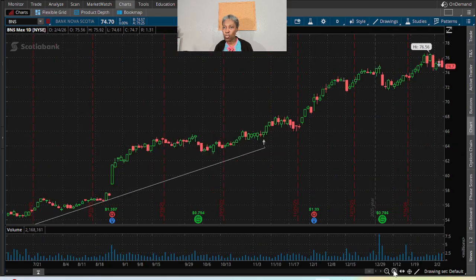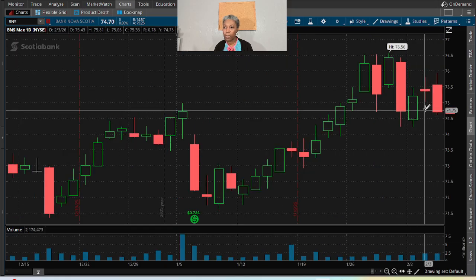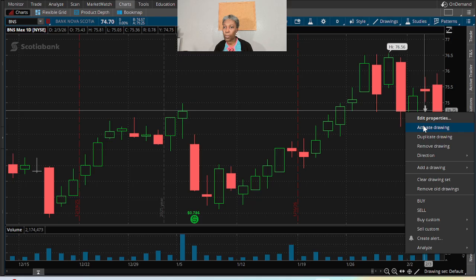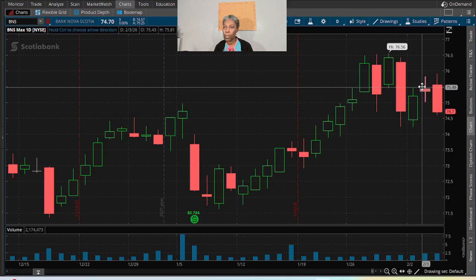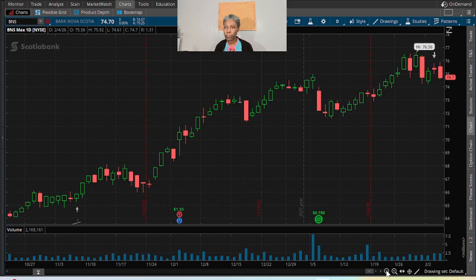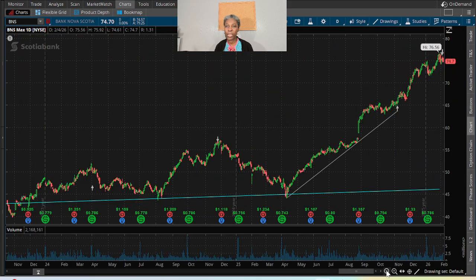So let's zoom and move this arrow there. And because it's a daily chart, every single bar is a daily time frame.